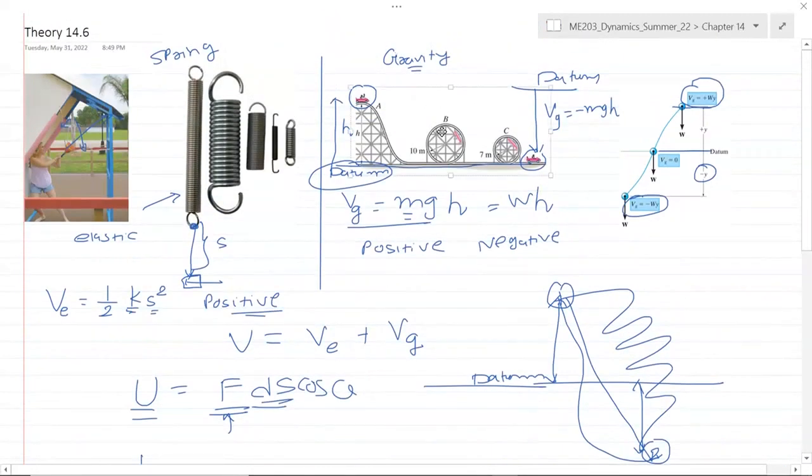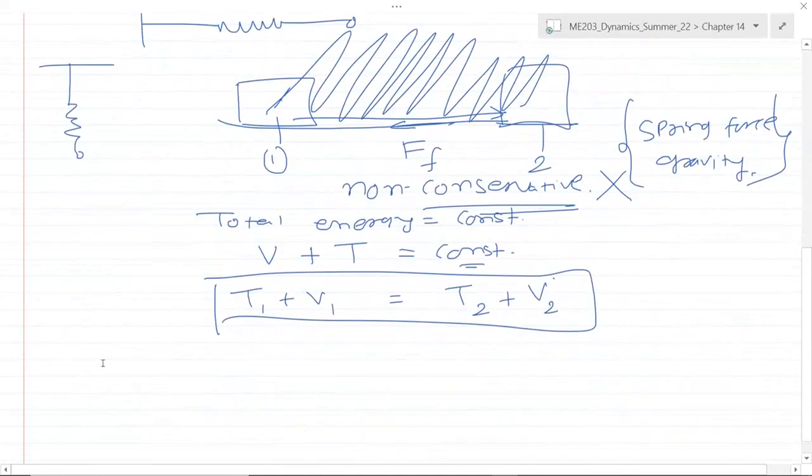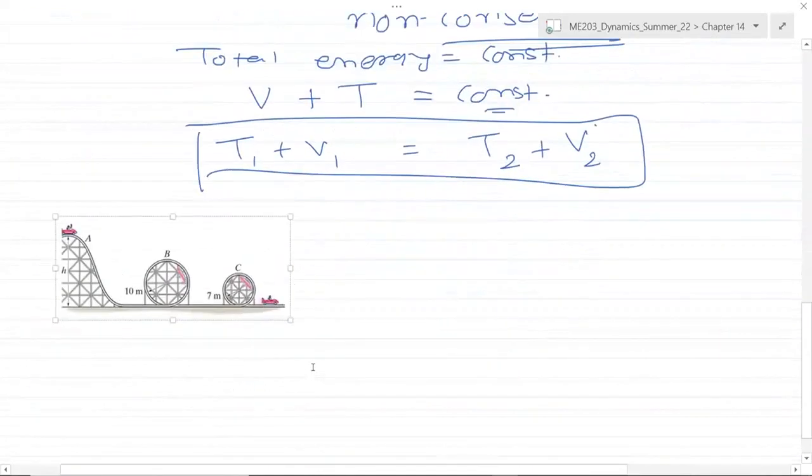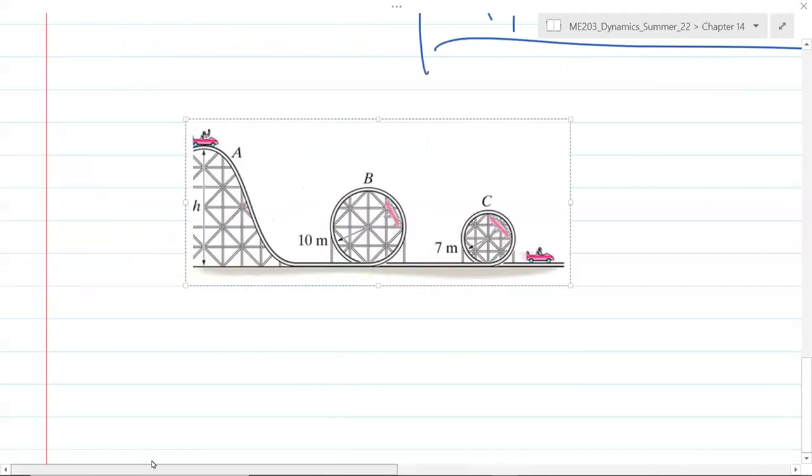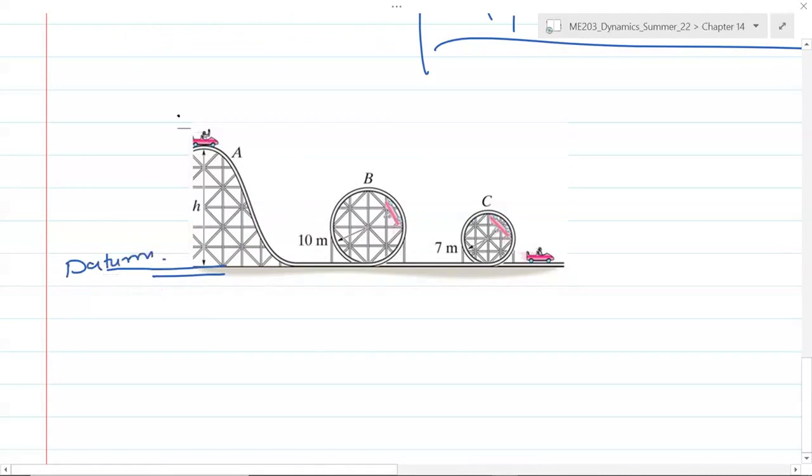We can actually apply that conservation of energy concept to this roller coaster here, such that if this is our datum, our reference line, then relative to that, at all the points, total energy T plus V remains constant. So TA plus VA is the same as TB plus VB is the same as TC plus VC.